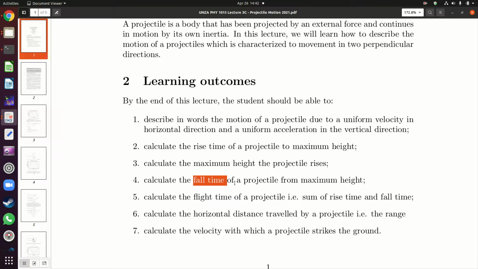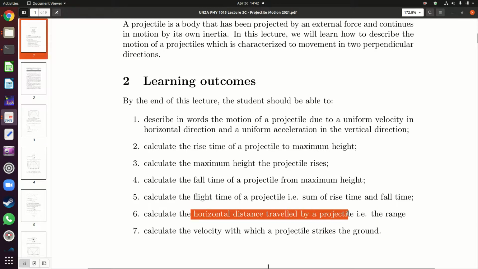Other times they might not be the same, so you might have to work them out separately. Then once you have done that, you add them, and that's going to give you your flight time. Then using this flight time, you can find out the horizontal distance the projectile moved, and this is what is called the range. So you see how to do this.